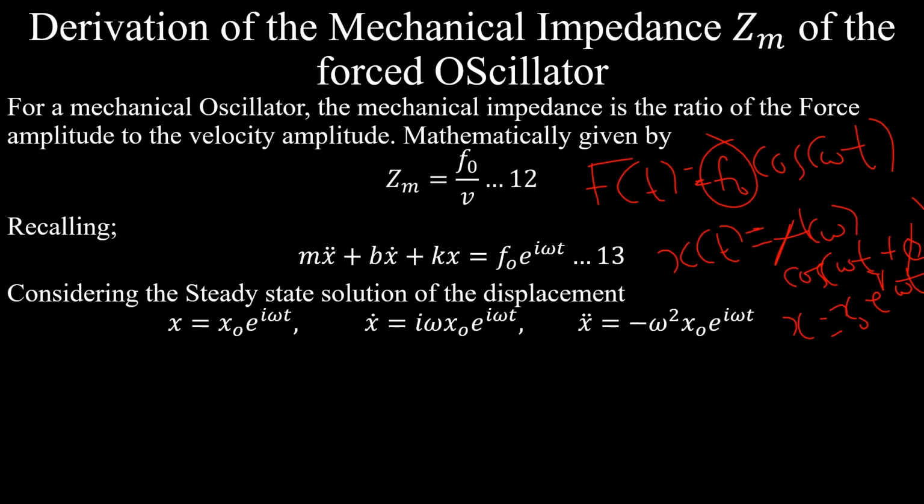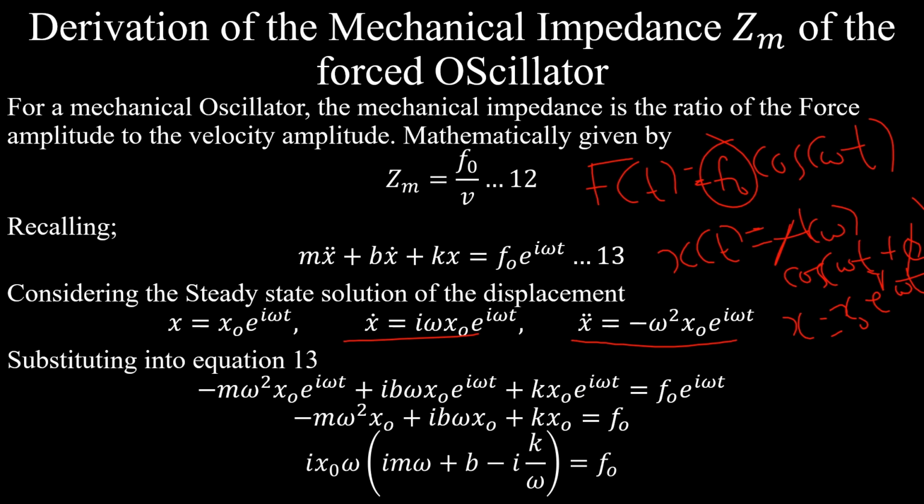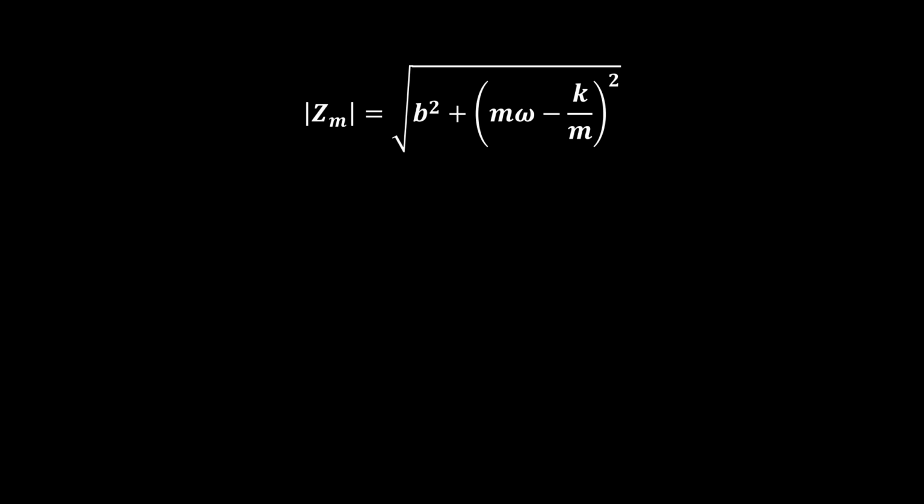So we can find x dot by differentiating. We can find x double dot again by differentiating again. And if we substitute it back into equation 13, we are going to have this expression. Now we can do some mathematical manipulation here, and we finally have this.